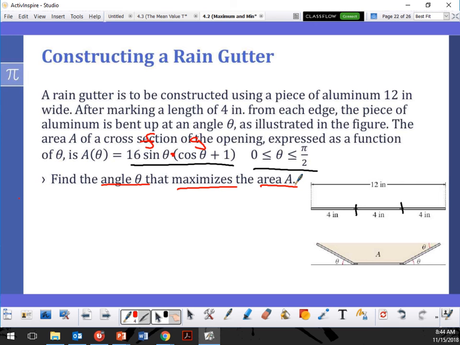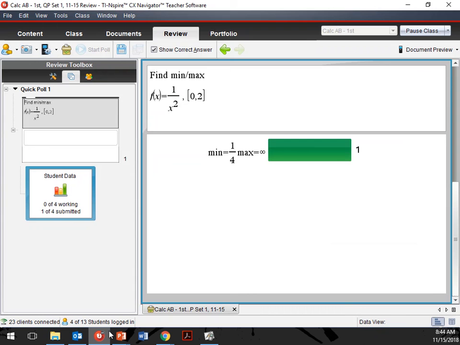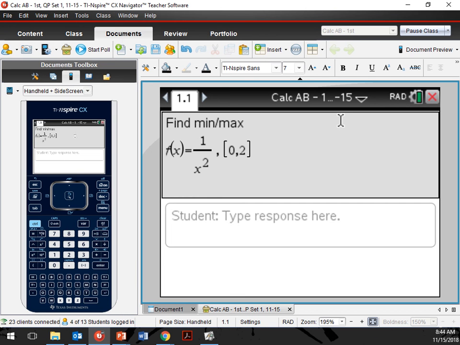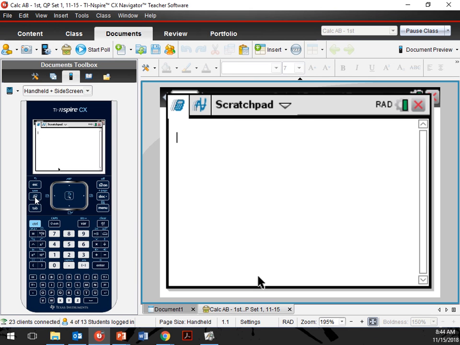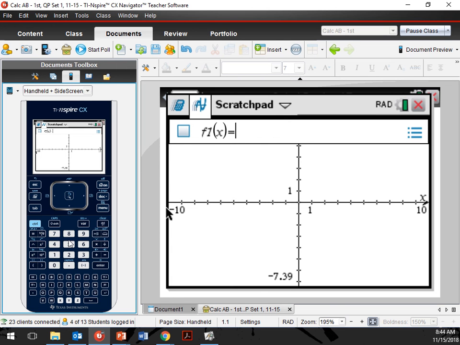I'm going to show you guys now to prove my point. Make sure the calculator is in radians.